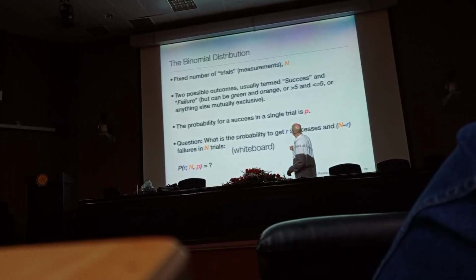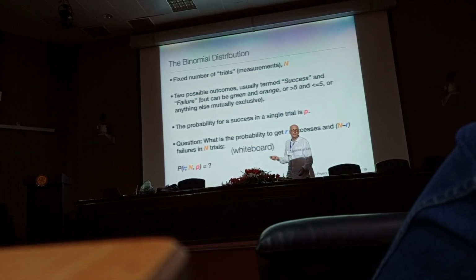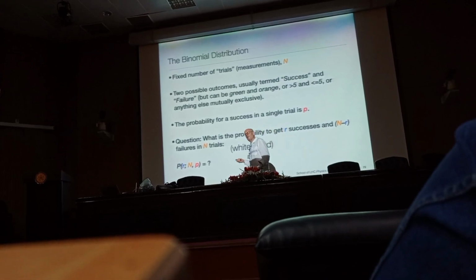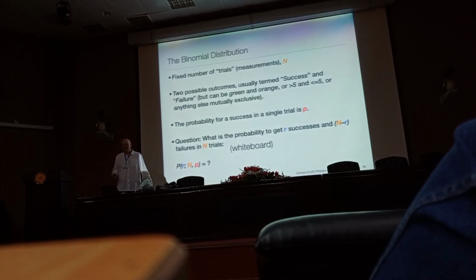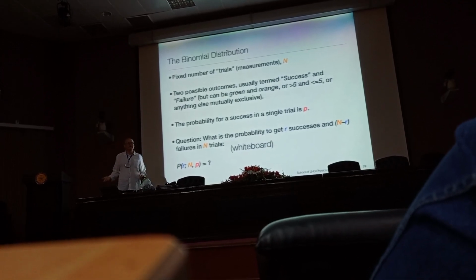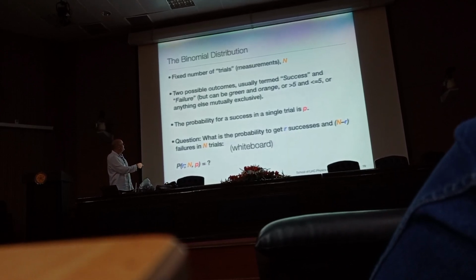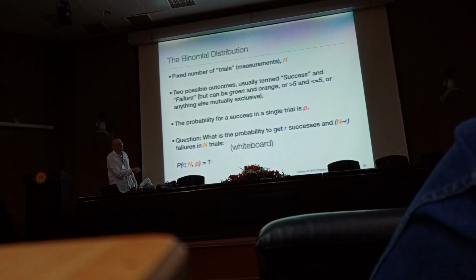Traditionally, they're called success and failure. It's a bit judgmental maybe, but that's what they usually call it. There are many board games where, for example, if 6 is required to progress, then a 6 would be a success and everything else would be a failure. The probability for success in a single try is p.